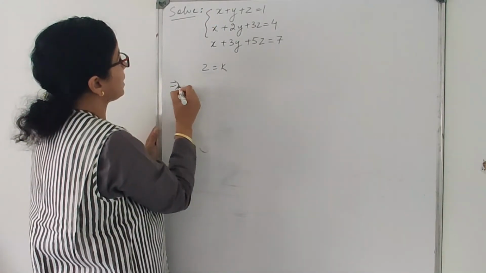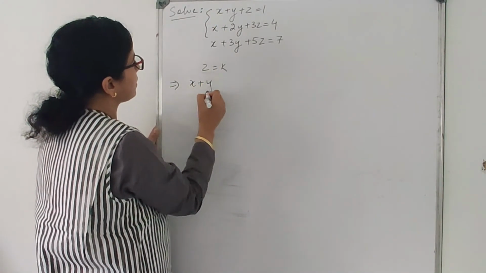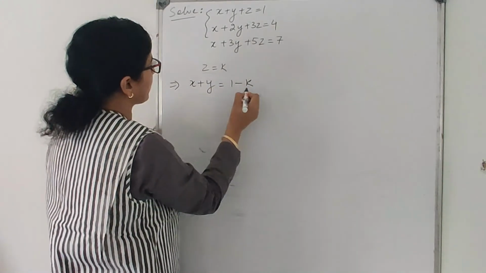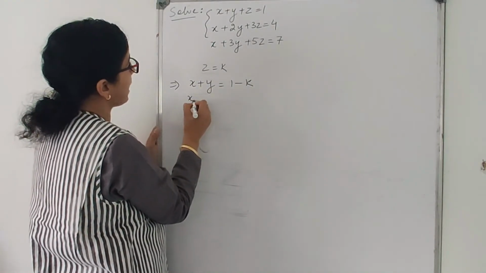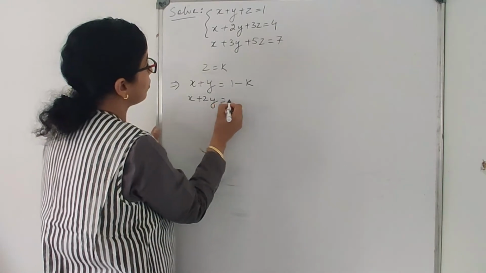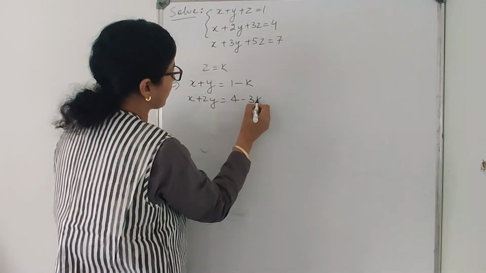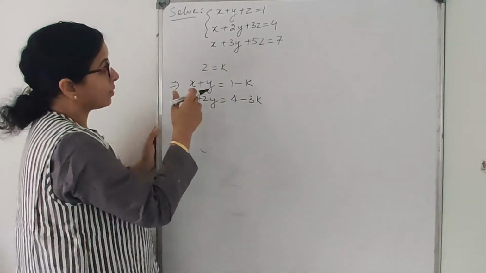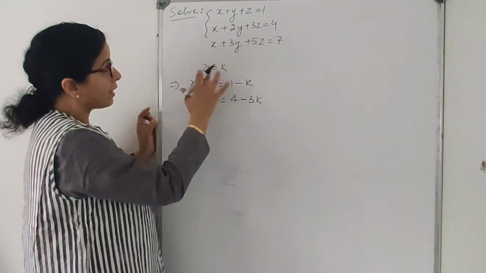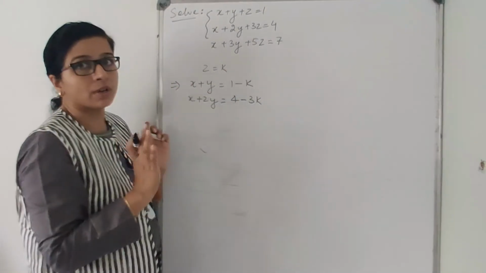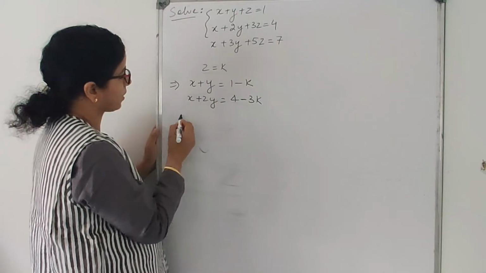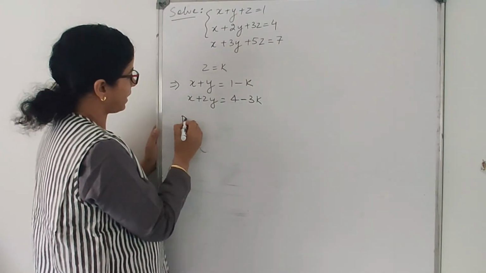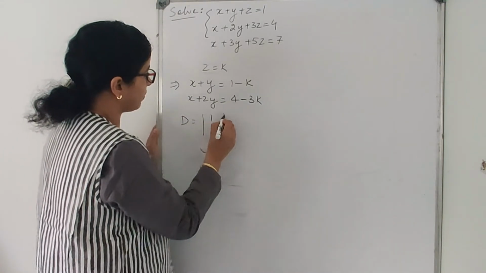Okay, so what I am getting, x plus y is equal to 1 minus k. And the second equation is x plus 2y is equal to 4 minus 3k. Fine. So using these equations, I will find the values of x and y using Cramer's rule. Okay. So first I will find d: 1, 1, 1, 2.